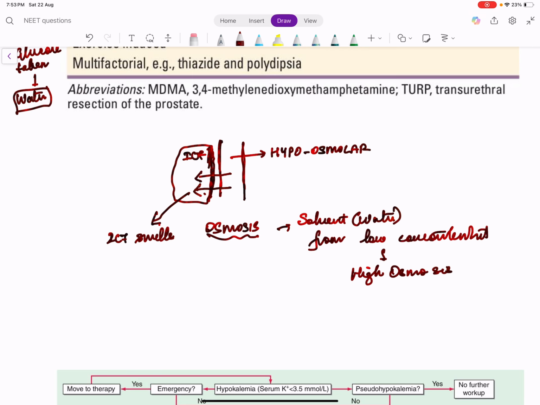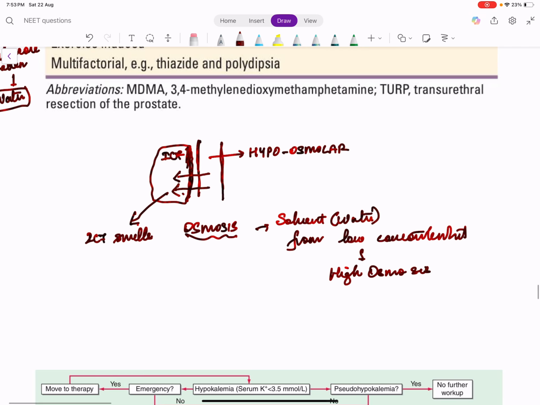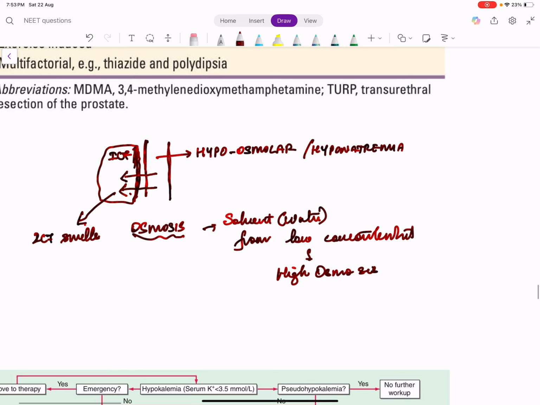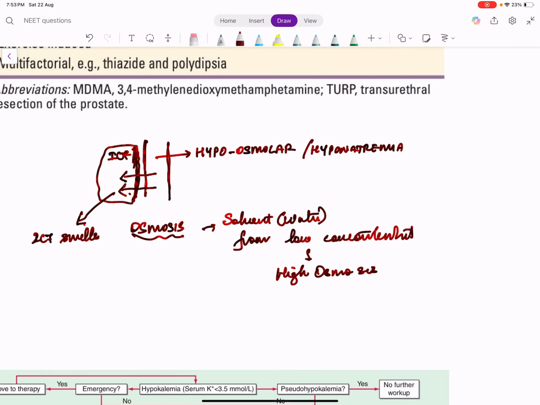This is what happens in hyponatremia. So I told you, example in hyponatremia, the same thing happens. Intravascular volume becomes hypoosmolar, so the cells swell. Example, brain swell. So it leads to cerebral edema. That is why hyponatremia is very dreaded.